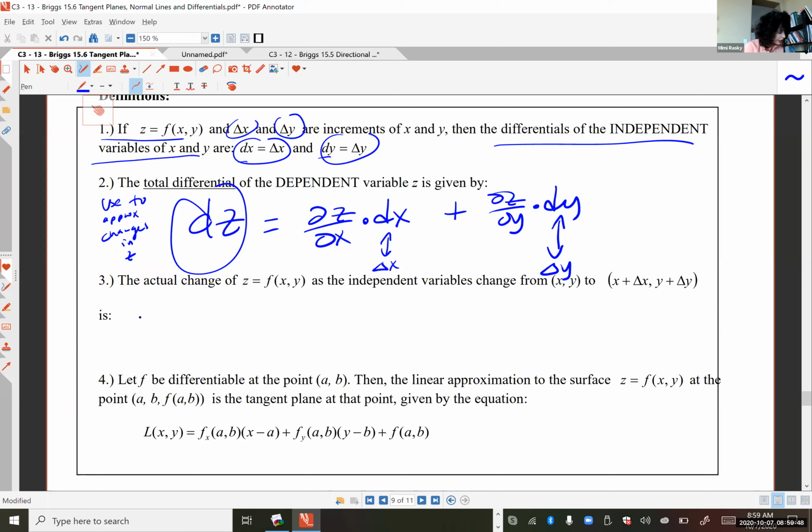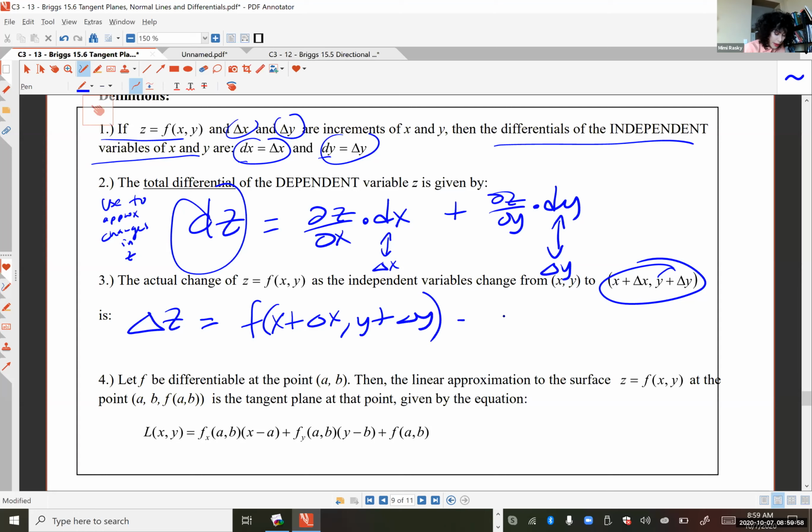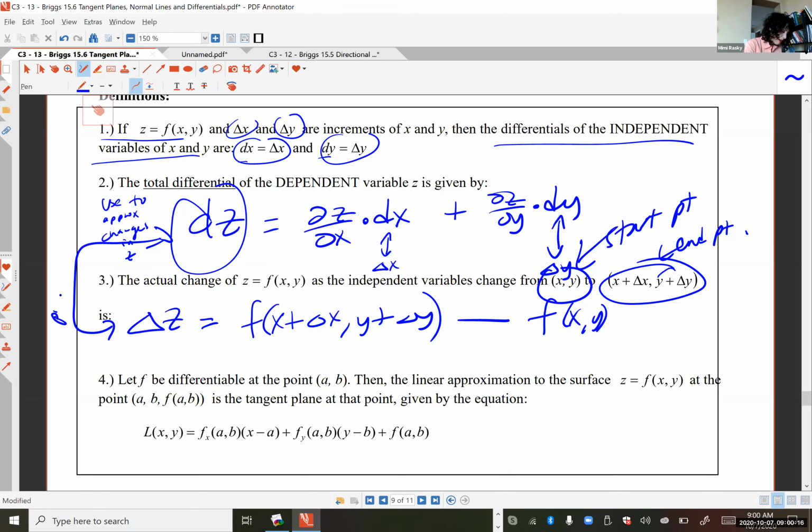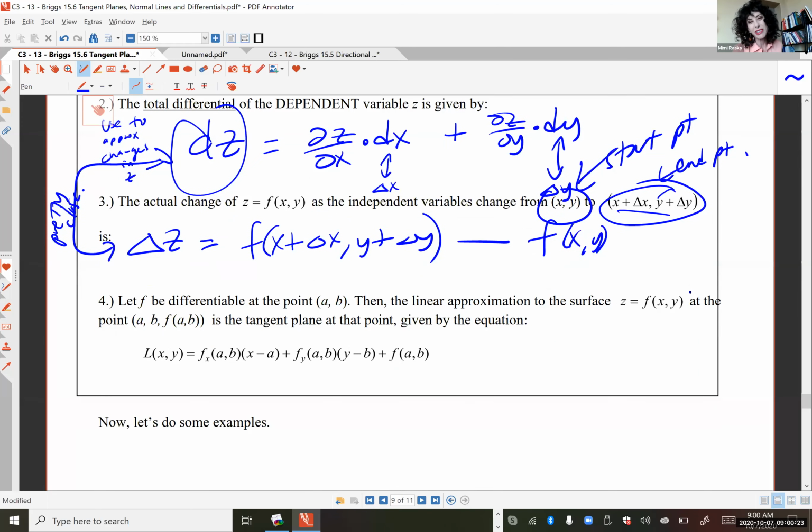And so the actual change in z, which we denote delta z, is simply the function evaluated at x plus delta x, y plus delta y, minus the function evaluated at the starting point. So x and y is usually the start point. And we don't have intervals here, so we just have starting points and ending points. So that's it. And these are usually pretty close, as long as your fixed point stays pretty close to the other point. Otherwise, the approximation isn't so hot.